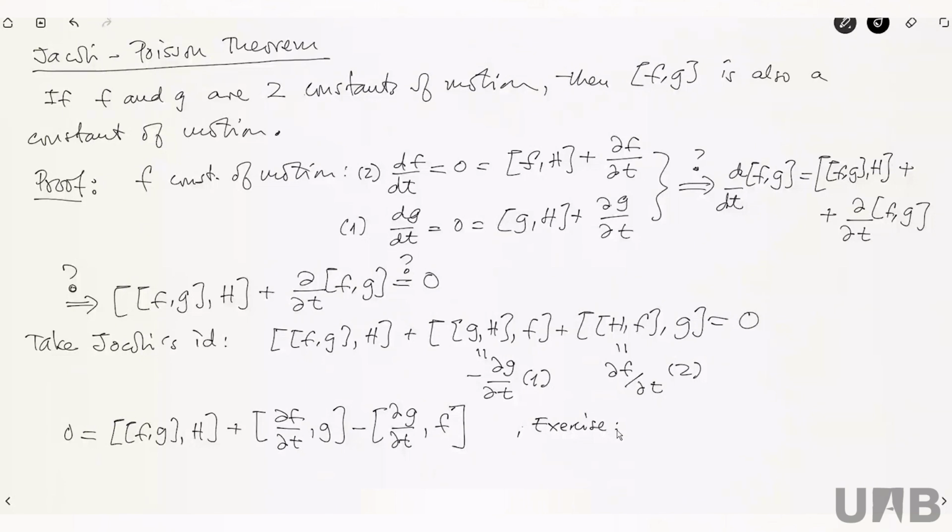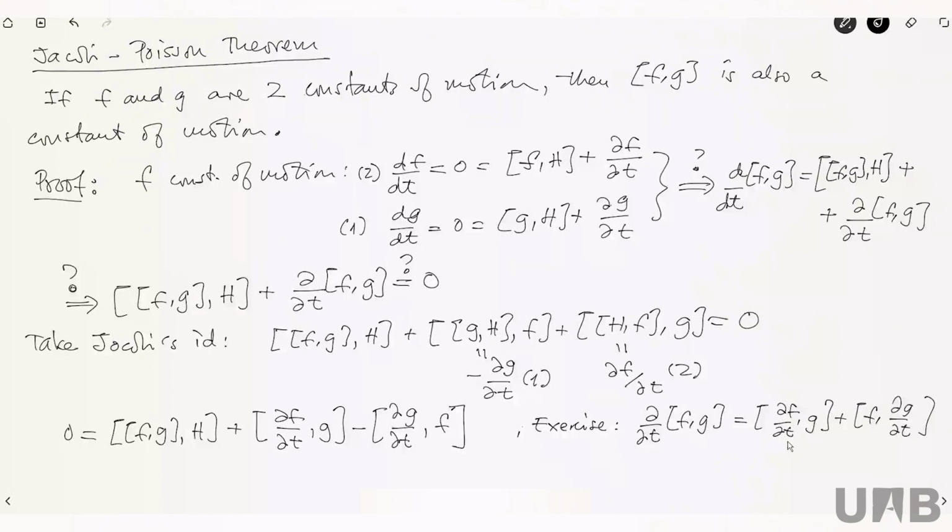I'm going to leave it to you to prove that the derivative with respect to time of f and g equals derivative of f with g plus f derivative of g with t, which is another property that you may have seen written in terms of commutators instead of Poisson brackets, but is the same. The proof is the same because the algebra is the same. So I'm going to leave this as an exercise.